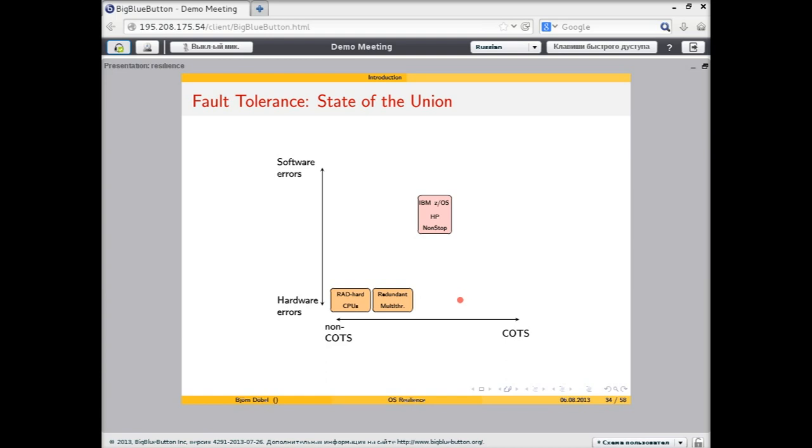And then we're coming to the commercial off-the-shelf world, where at the operating system level we have Minix 3, which we already talked about. We have another L4 variant called SEL4, which is dedicated to dealing with software errors. In the case of SEL4, they're actually performing formal verification of the whole operating system kernel.